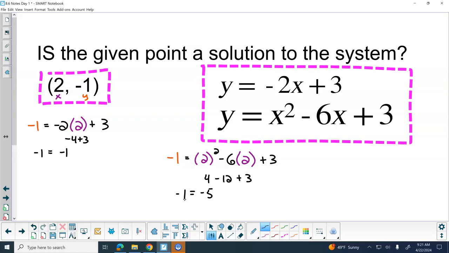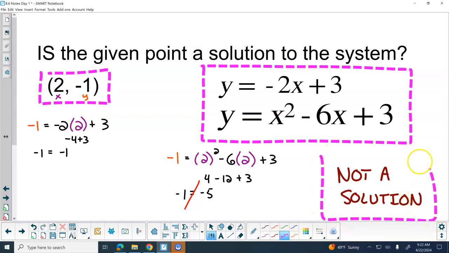Is negative 5 equal to negative 1? No. So this does not work, so this is not a solution. It has to work in both in order for it to be a solution.